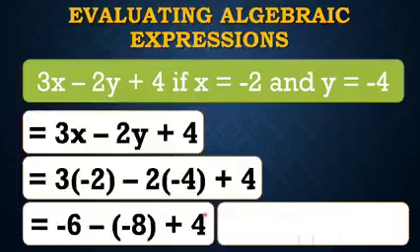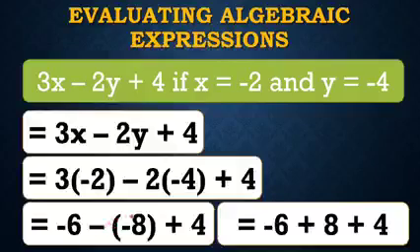So I did simplify first here. Minus negative 8 is also the same as plus 8. Negative, negative, we have positive. So I did simplify. They are still the same. Negative 6 minus negative 8 is also the same as negative 6 plus 8. So now proceed to addition or subtraction, again from left to right.